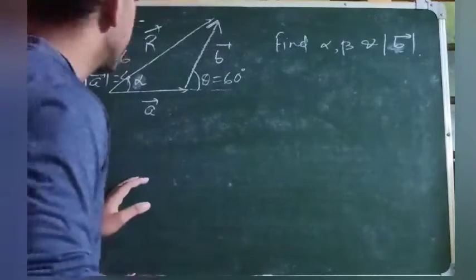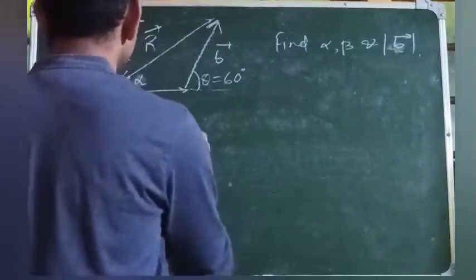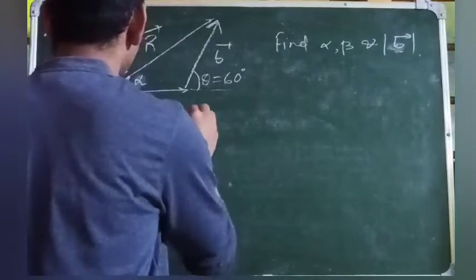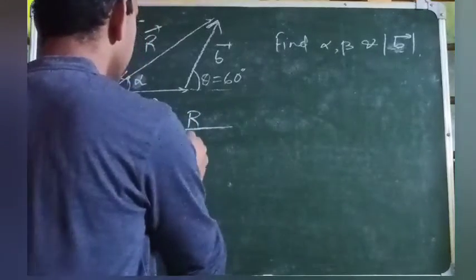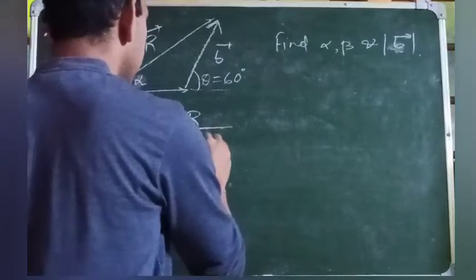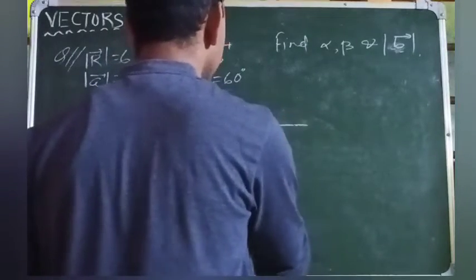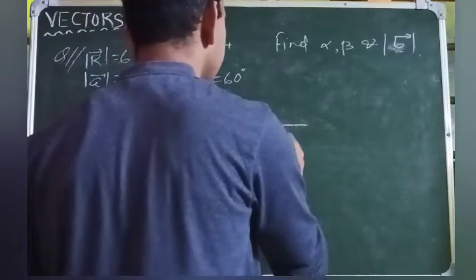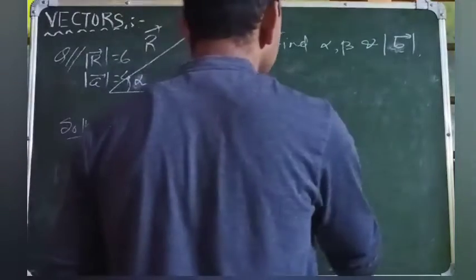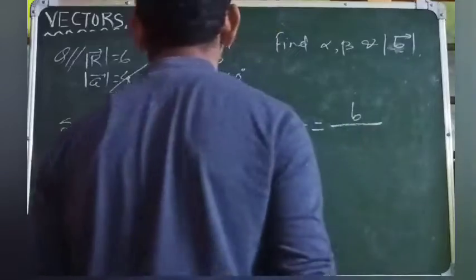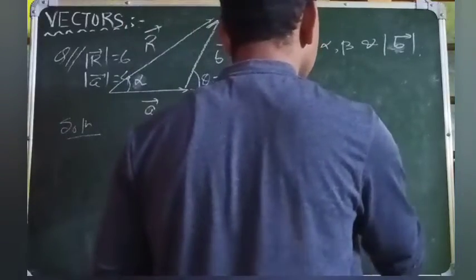Using the law of sines, we can write R upon sine theta is equal to A upon sine beta is equal to B upon sine alpha.